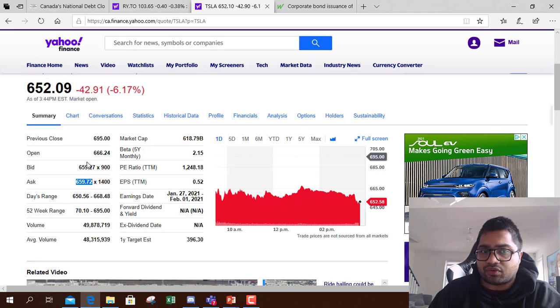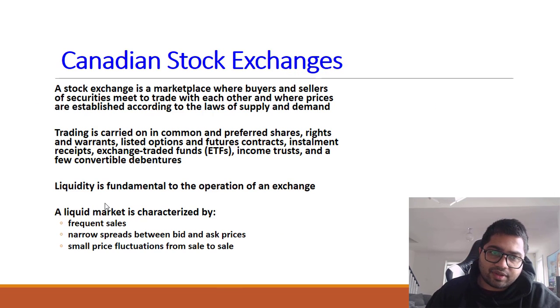So the spreads are very narrow. What does that mean? That the market is extremely liquid. If the spreads are large, then the markets are not that liquid. The market for Tesla is extremely liquid right now because it's a big company and it is traded on the S&P 500 now. Narrow spreads and small price fluctuations from sale to sale.